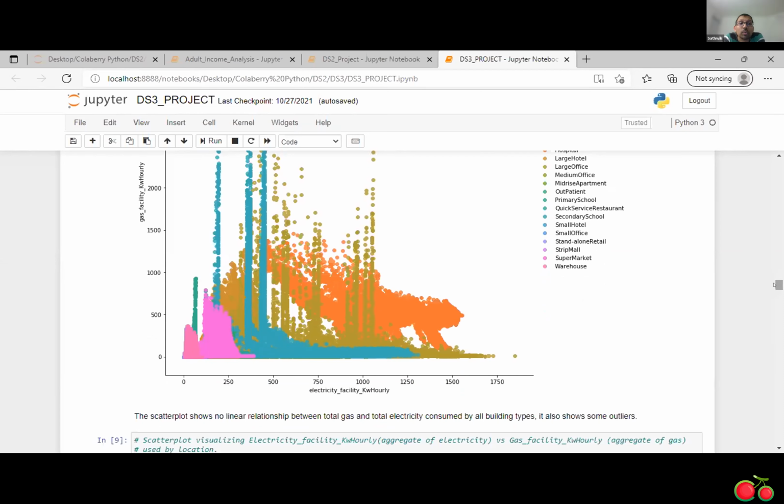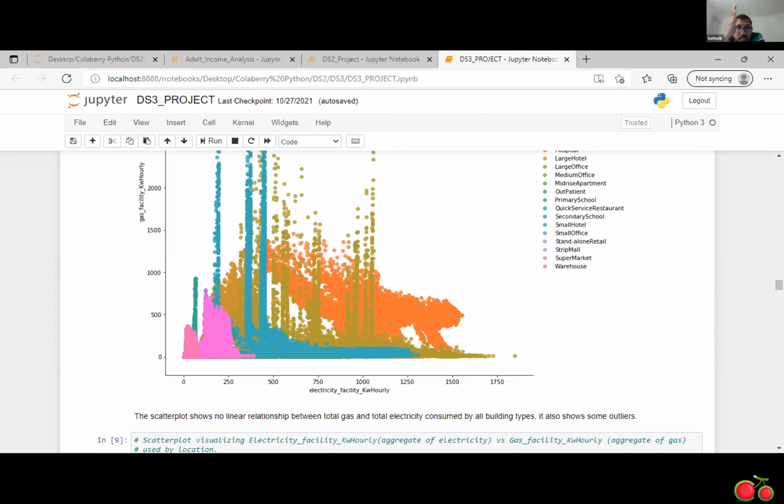We don't know the location yet because we don't have any markers to differentiate the readings between Chicago versus Atlanta. But what we do know is that quick service restaurant uses a lot of gas. It's one of the highest gas consumption building types. The electricity is also there, but it's in a stable range, and it has a peak and then comes back.